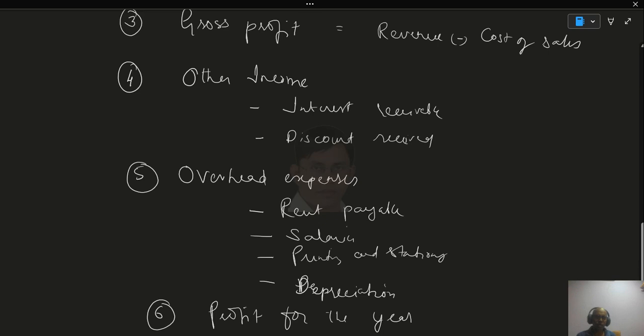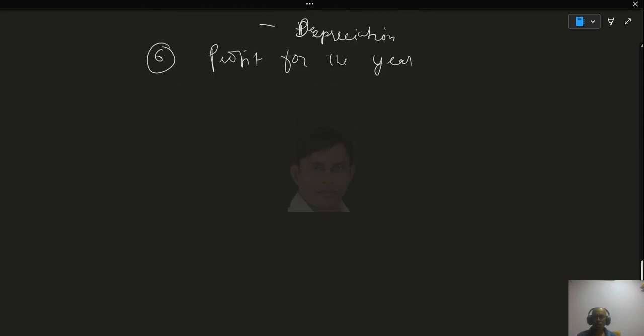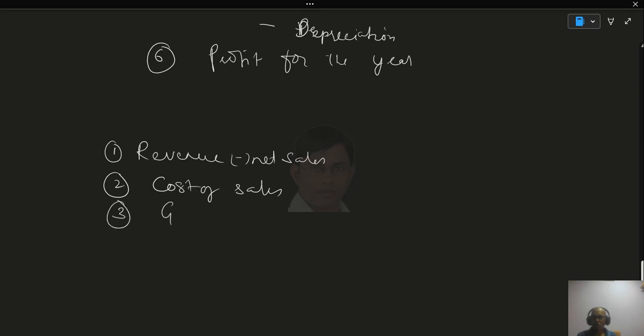See, so simple it is. Just you have to remember what are the things you have to remember. Just learn it in this way. Number one, revenue. Number two, cost of sales. Revenue minus cost of sales. Third step gives you gross profit. Fourth step, other income.